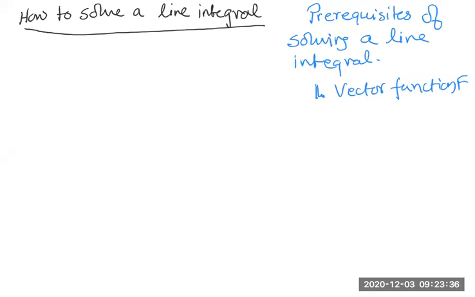So we need to know what we are integrating, right? Knowledge of the vector function is necessary for us. Number 2 is we need to know the upper and lower limits. Now again, terminology is the same, but meaning is slightly different. I'm going to show you that after the solution, you are not going to substitute these values into the answer, right?